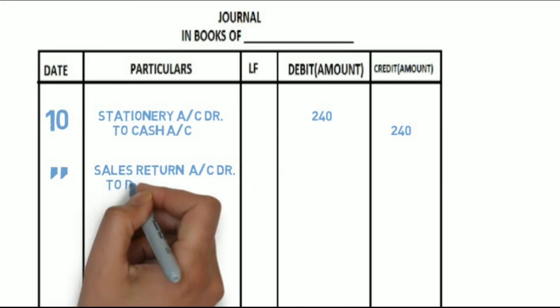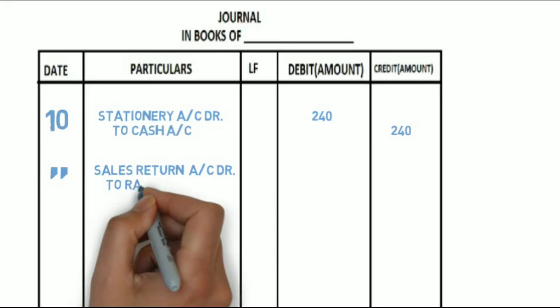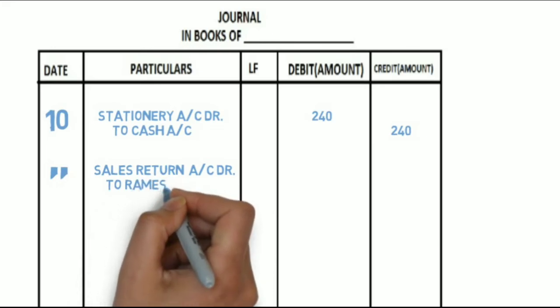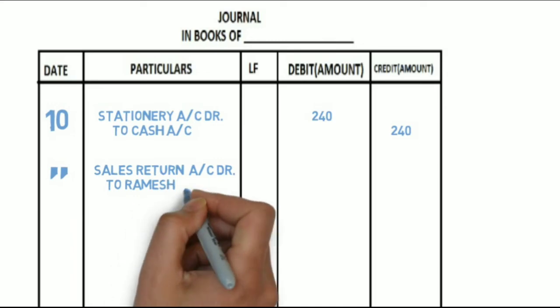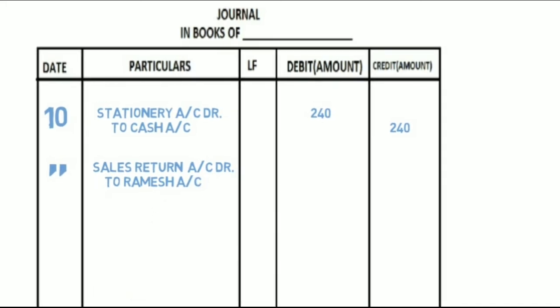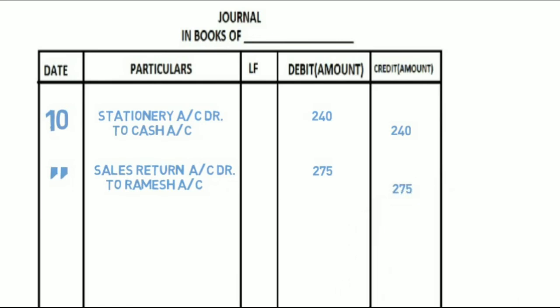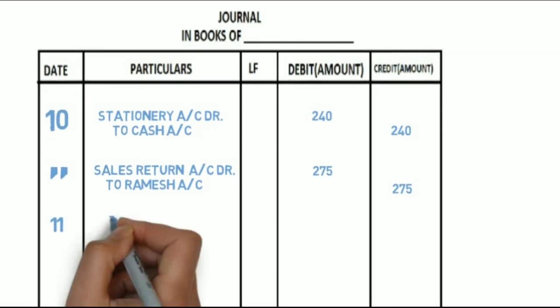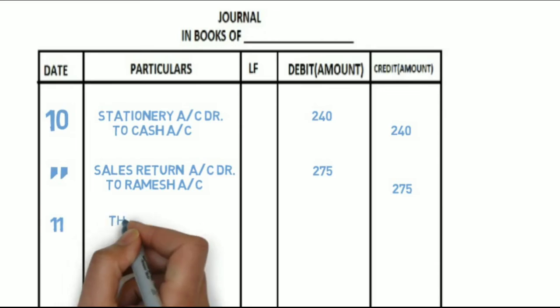Sales return is always debited, so sales return account debit to Ramesh 275. Ramesh is credited because debtor has been reduced, or our asset has been reduced.